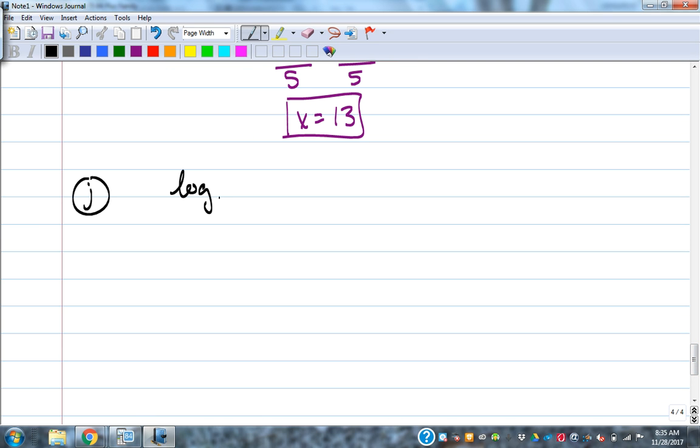Log base 7 of 3x minus 2 equals 2. What's going to get rid of that log?